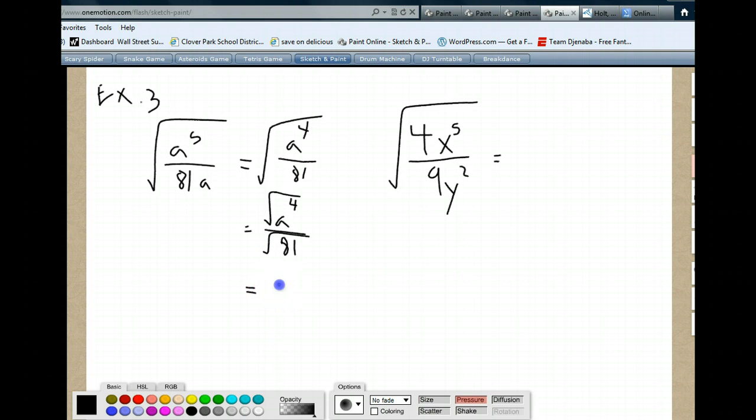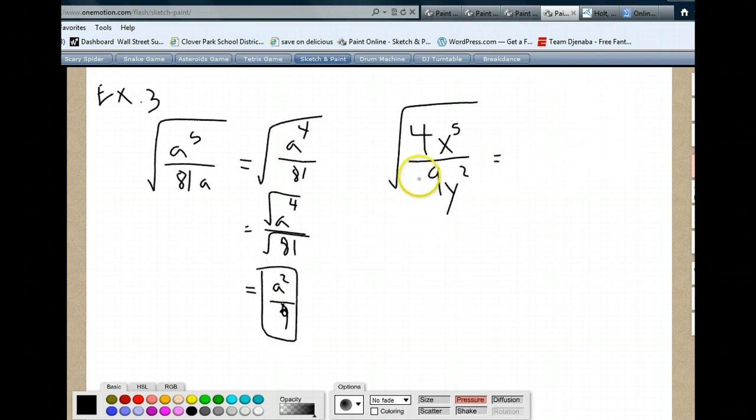And you're left with a squared, because remember again you're doing 1/2 of whatever the exponent is, and then we know square root 81 to be 9. And that's a 9, and then that's my answer.